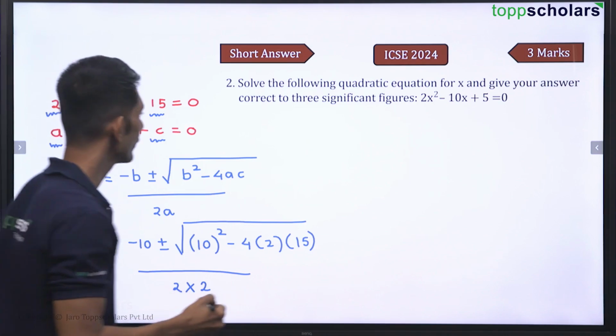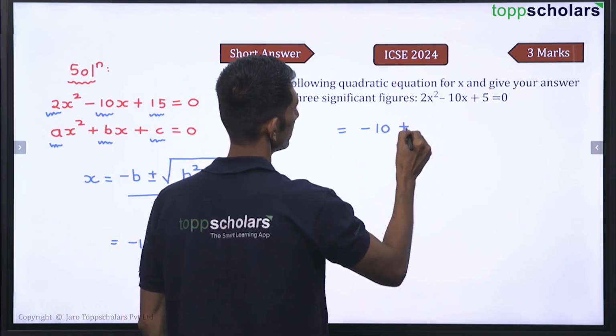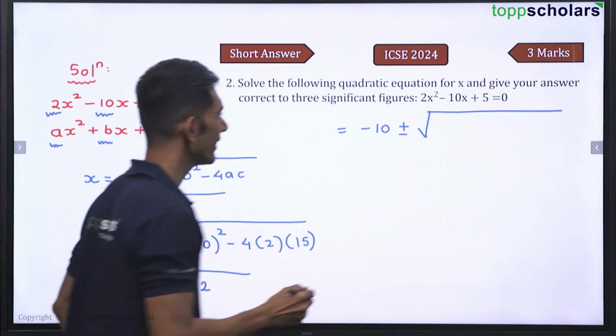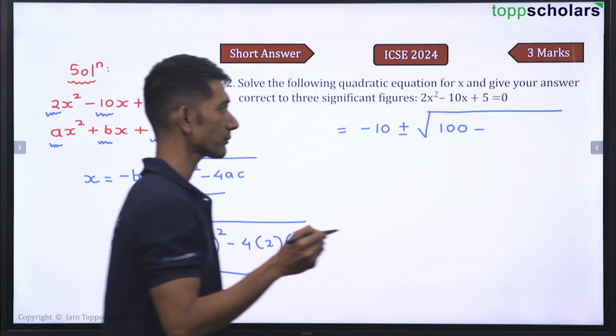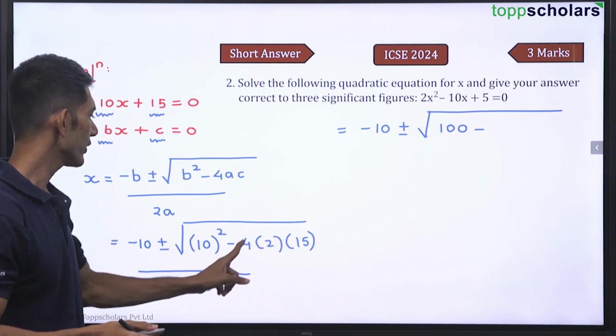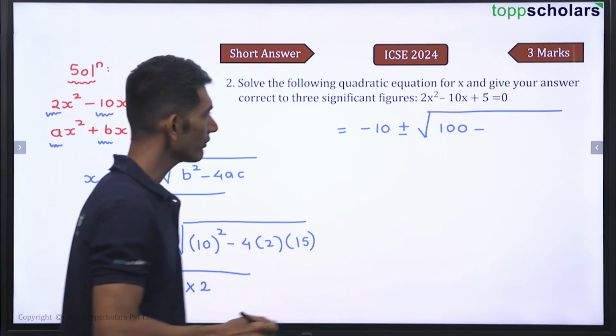So this further gives you minus 10 plus or minus under root 10 square is 100 minus, this is 5 into 2 into 4, 5 2s are 10, 10 4s are 40, right?